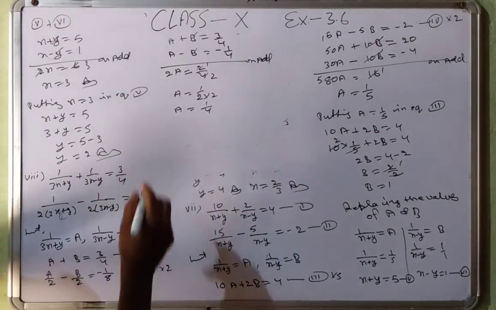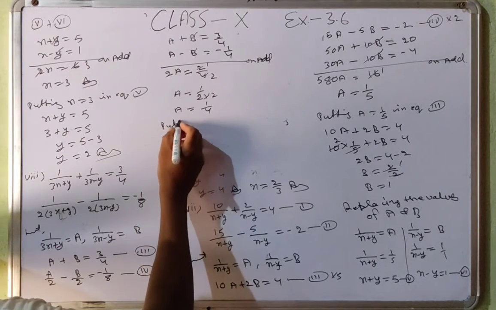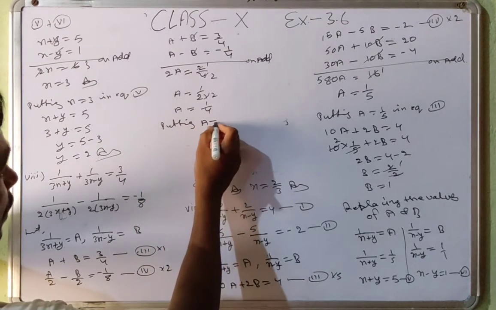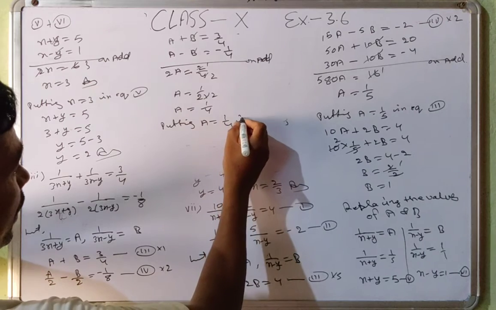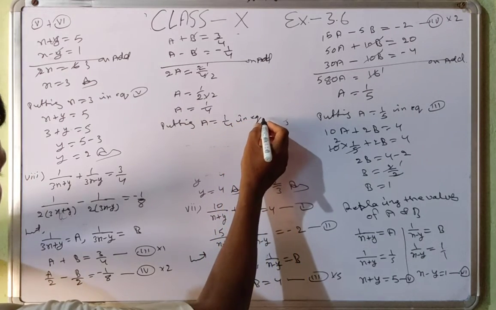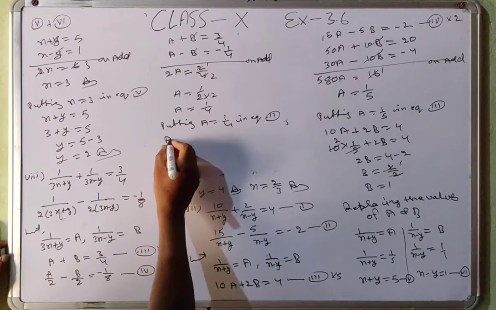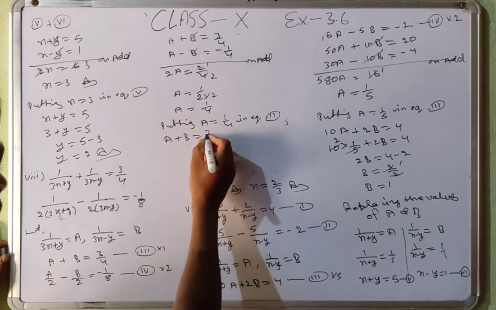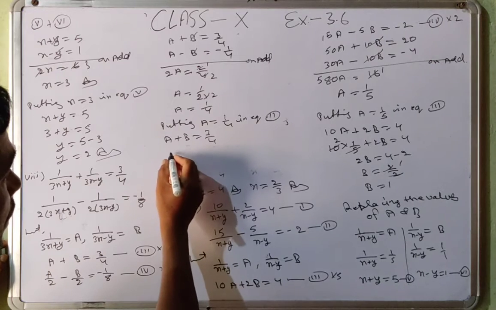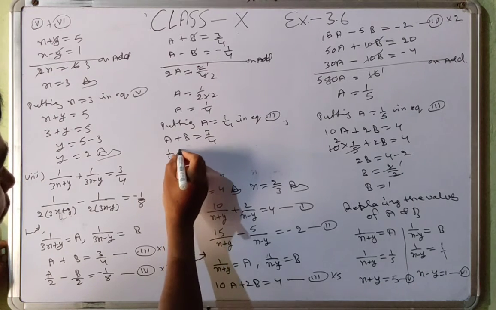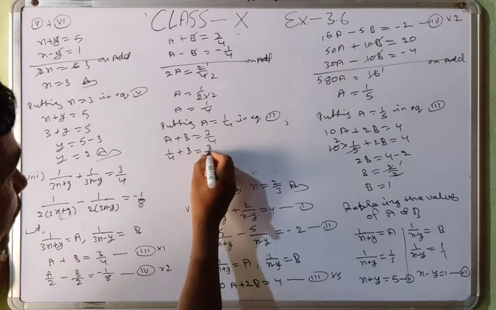So a is equal to 1 upon 4. Now putting a is equal to 1 upon 4 in the third equation, because third is better. The third equation is a plus b is equal to 3 upon 4. So 1 upon 4 plus b is equal to 3 upon 4.